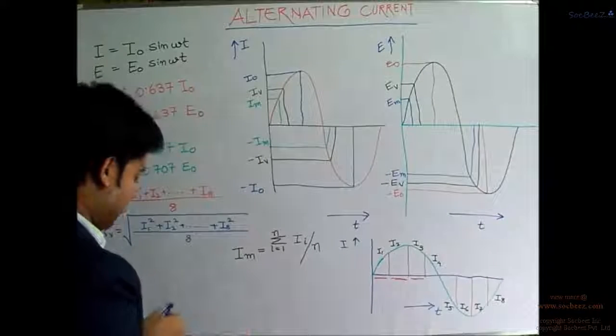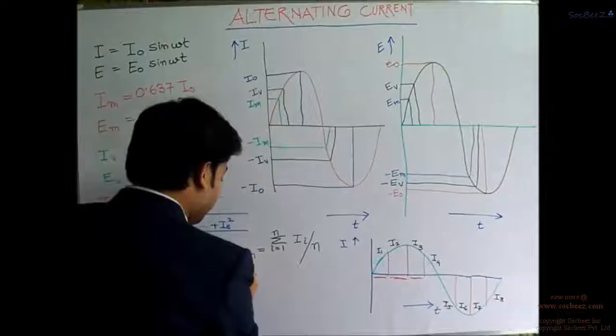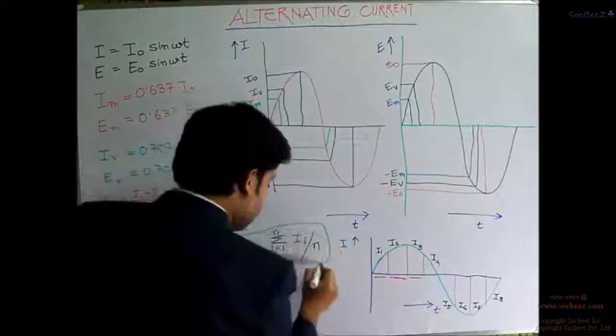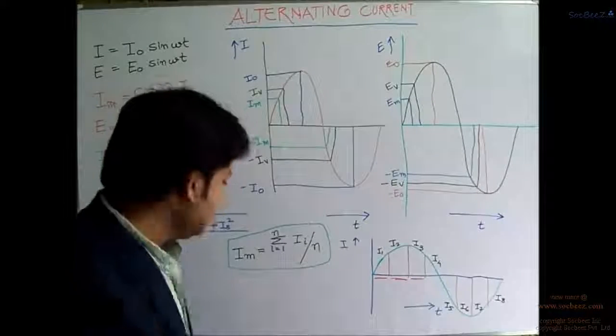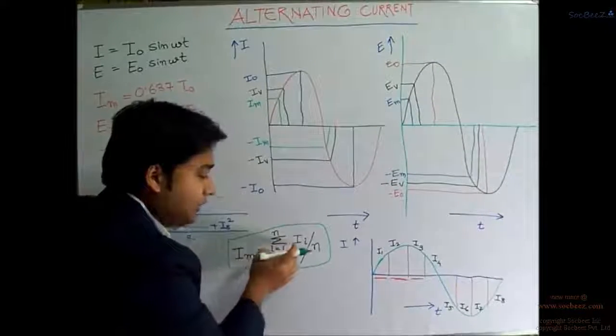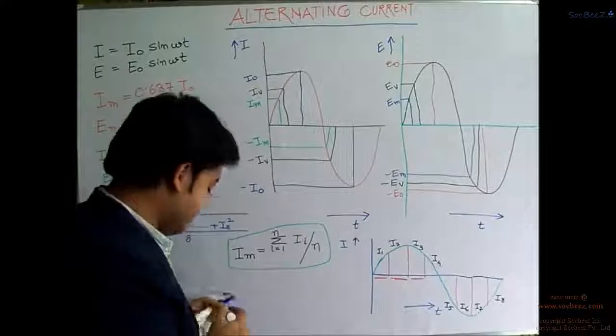So this is basically what we mean by the mean value. The same applies for EM, right? If it is EM, then it will come as E_i. The rest will remain the same.